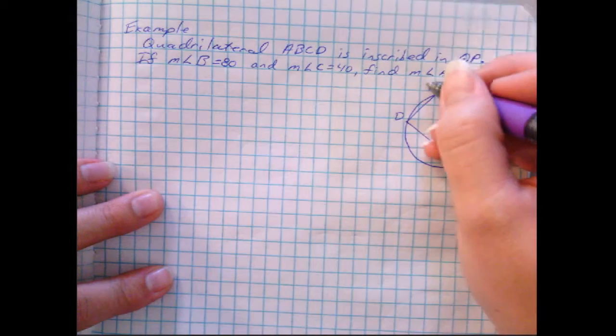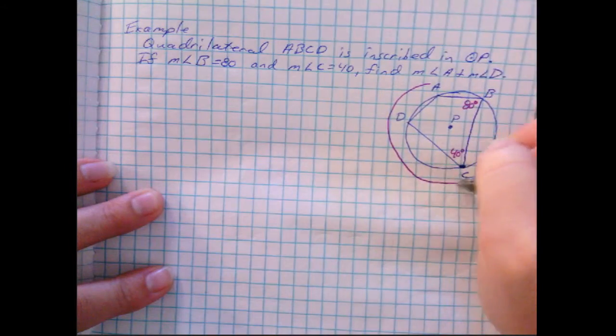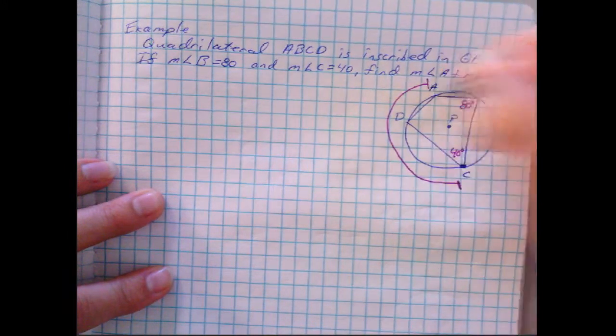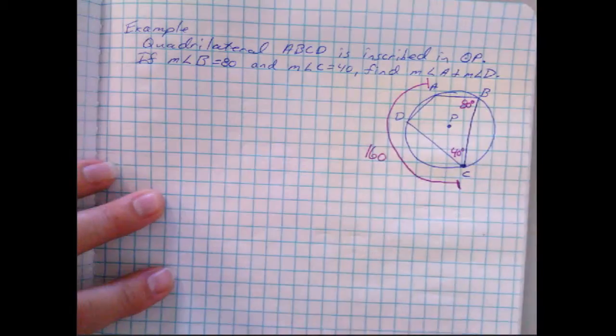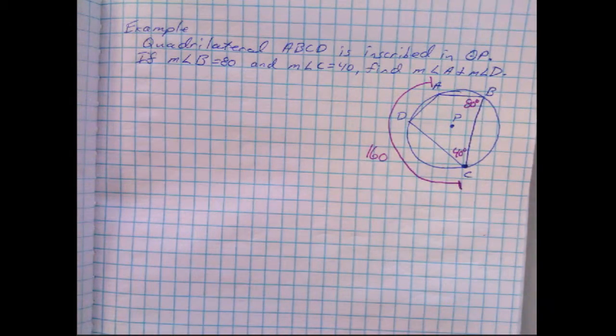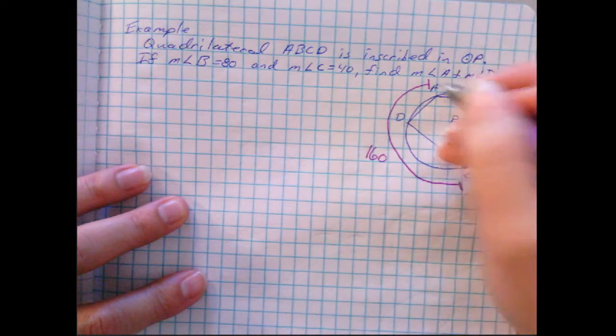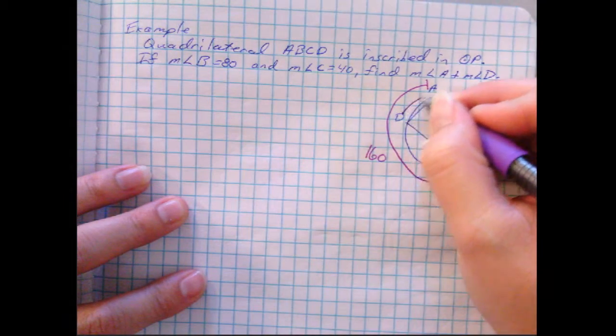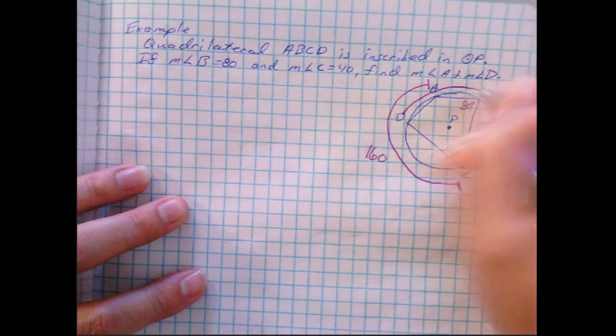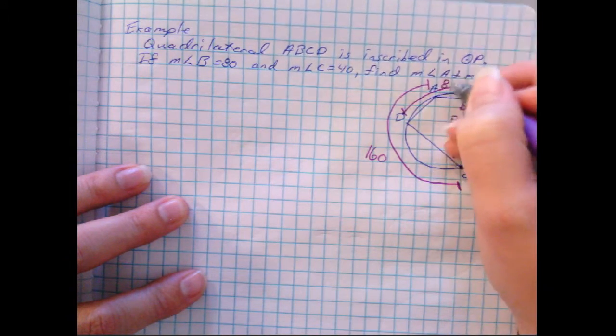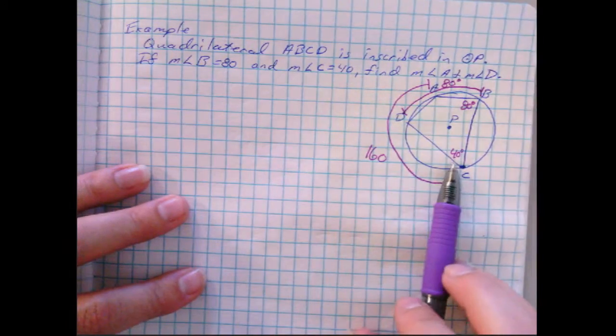That tells us that from A to C, that arc is 160 because the angle is half. If we know that C is 40, that tells us from D to B is 80 because the angle is half.